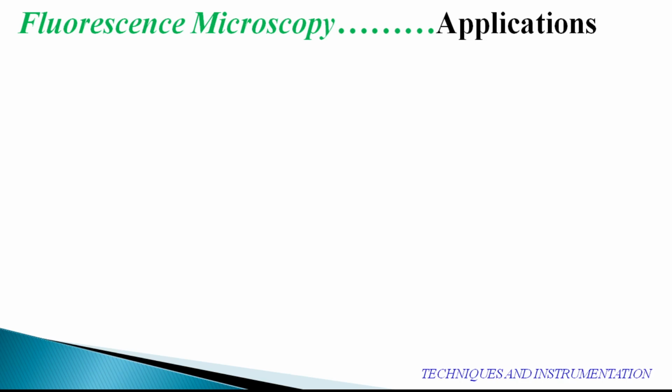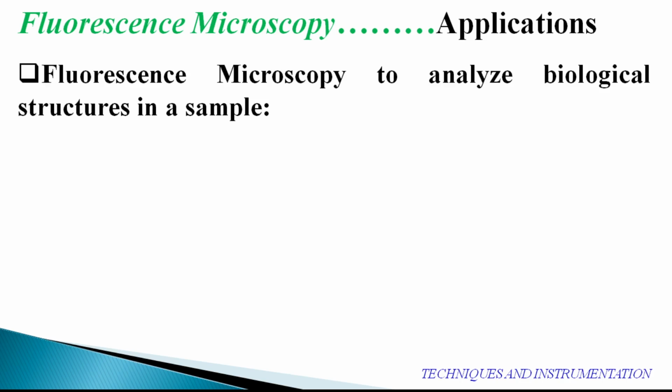Fluorescence microscopy is a technique which is used to analyze biological structures in a sample using a white lamp and other organic or inorganic fluorophores. That is, fluorophores are nothing but substances emitting the fluorescence.